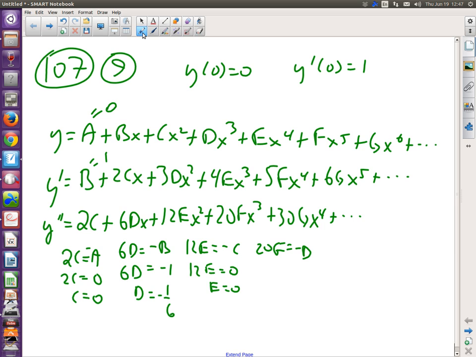Okay, but d is negative 1/6, so 20f is positive 1/6, so f is 1 over 120. And just for fun, 30g is going to be the opposite of e, but e is 0.